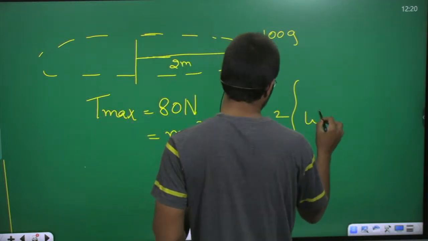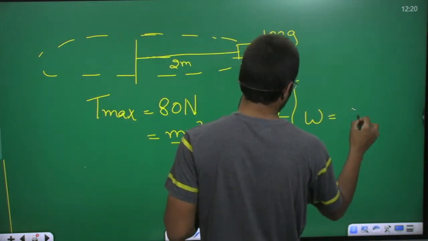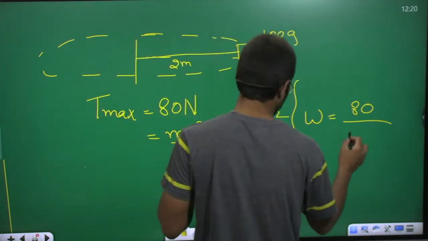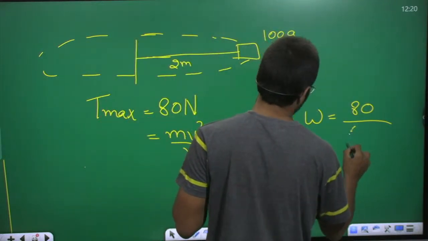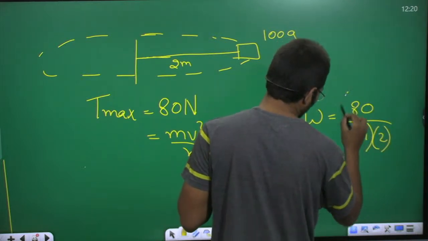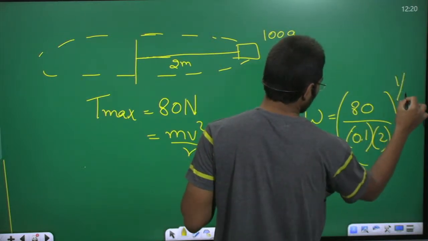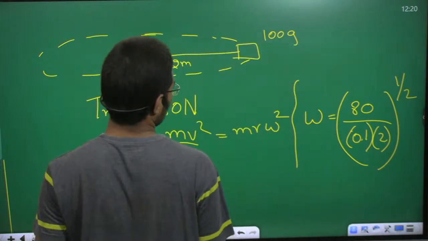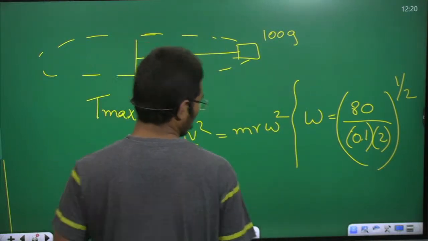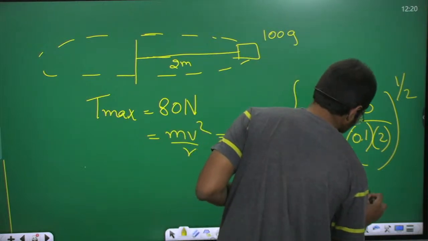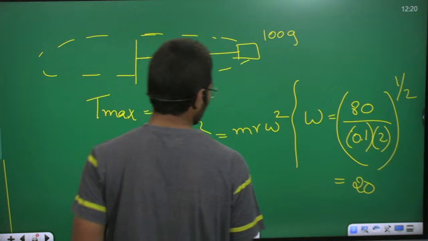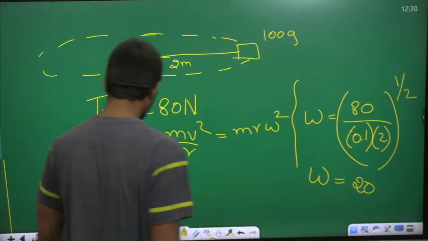Omega is equal to root of 80 by mr, mass 100 grams, 0.1 kg, into 2, whole power half. So it will be like 800 by 2, 400, root 400 is 20. So omega we got is 20 radians per second.